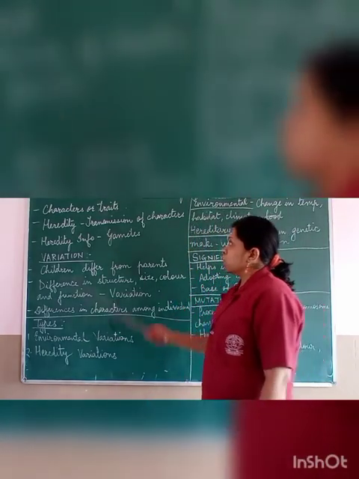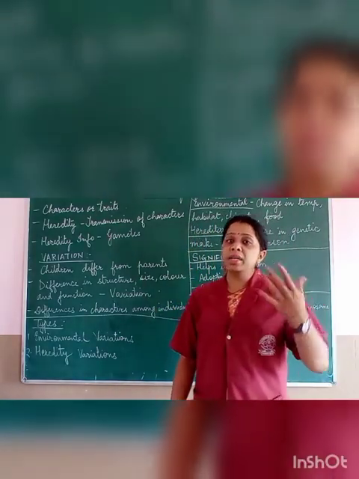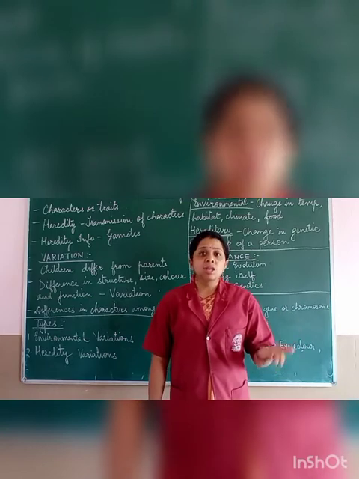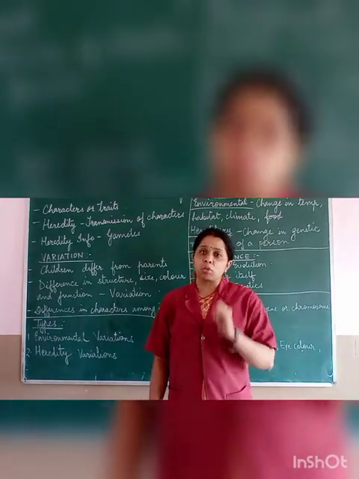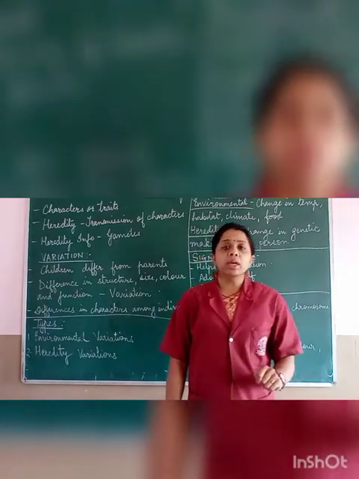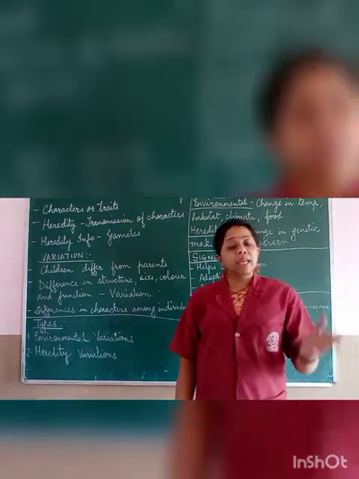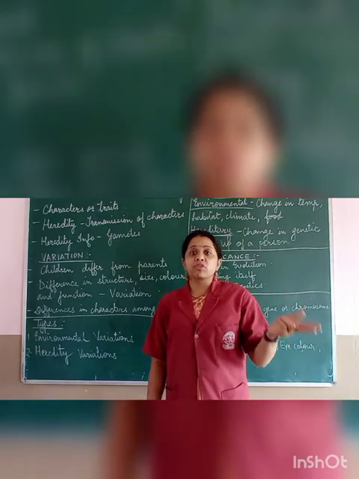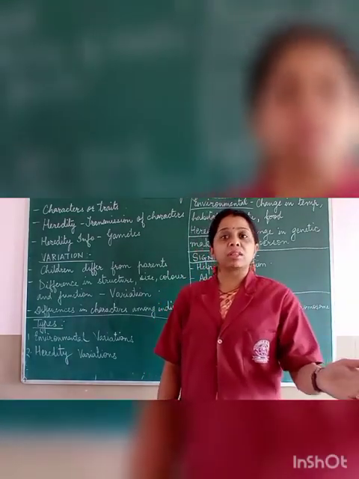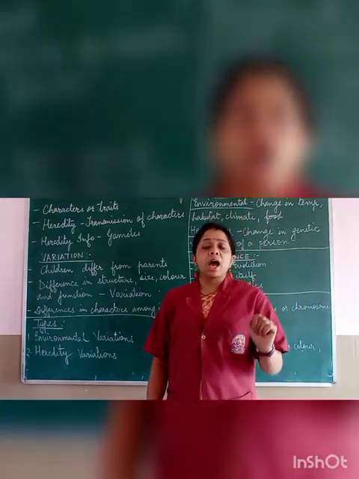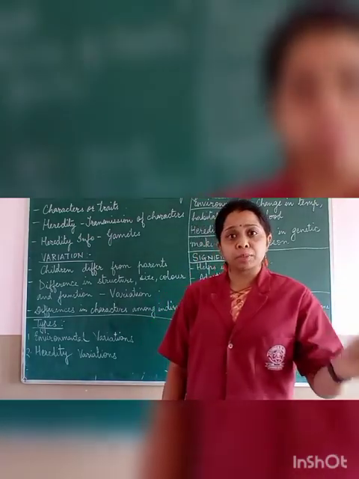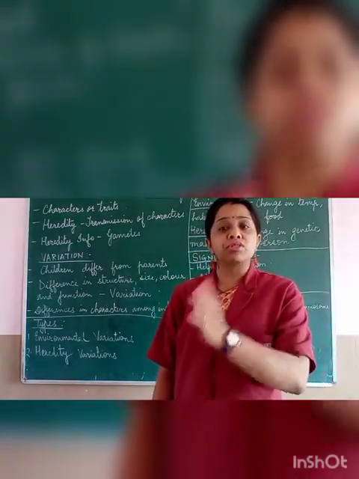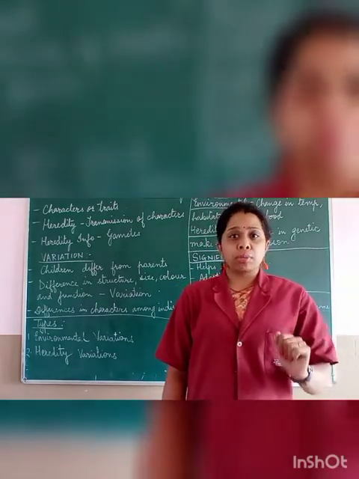Now you know that these characters or traits are transferred from parents to their offspring. You also know how they are transmitted: because of parents, one male and one female. The male has the gamete, the sperm, which fuses with the female gamete, the ovum or egg.